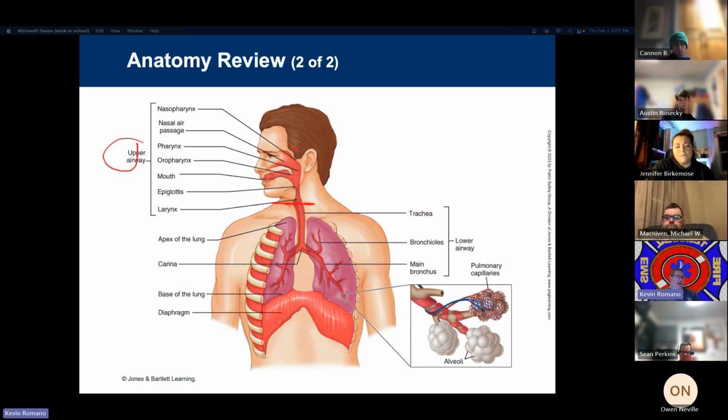What is this space called here in airway management, other than upper airway? What kind of air does this hold? Do you guys remember? You want to take a shot at it?